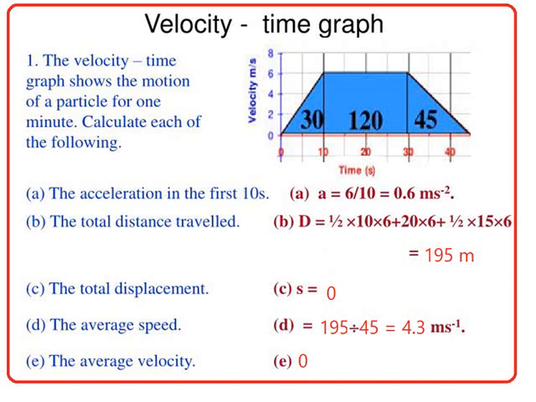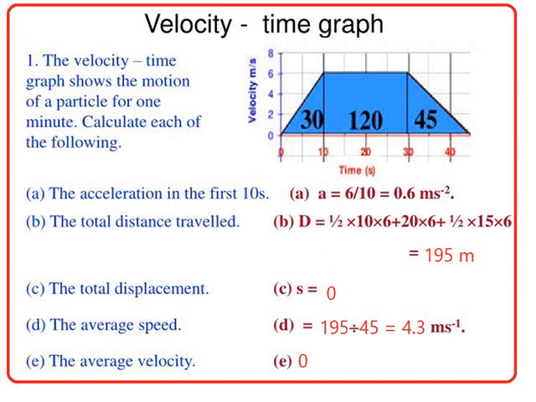Average speed. The average speed is given by the formula total distance divided by total time. The total distance here, we have calculated previously, is 195 and the total time is 45 seconds. So when you divide both these, you get 4.3. So the average speed is 4.3 meters per second.